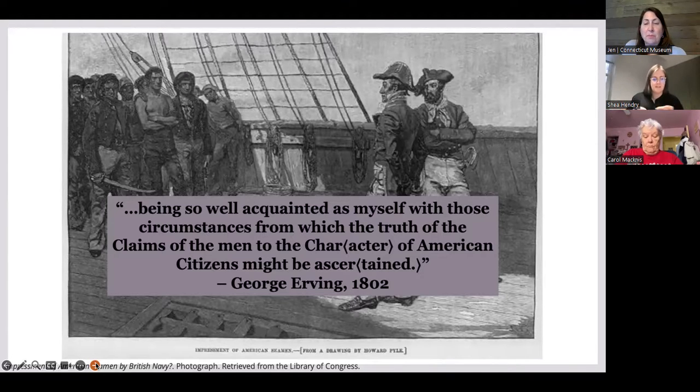And Irving at this moment really positions himself as someone who is, in his words, so well acquainted with those circumstances within which the claims of the men of the character of the American citizens might be ascertained, that he puts himself forward as an uncommonly apt adjudicator, I guess.